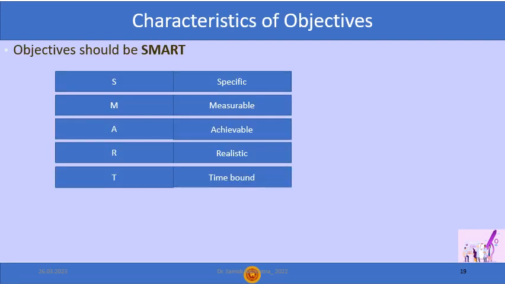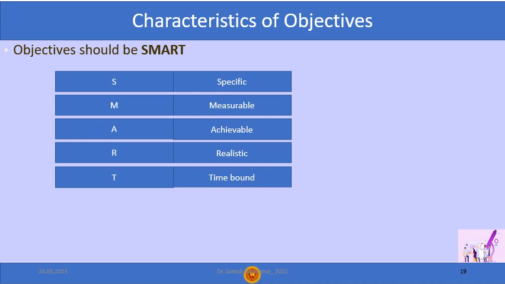So let's talk a little bit about the characteristics of objectives. So we say that the objectives should be SMART. So what do we mean by that? So SMART objectives are a framework for setting clear, specific, achievable, relevant and time-bound goals, right?